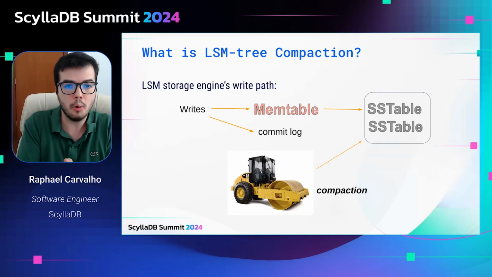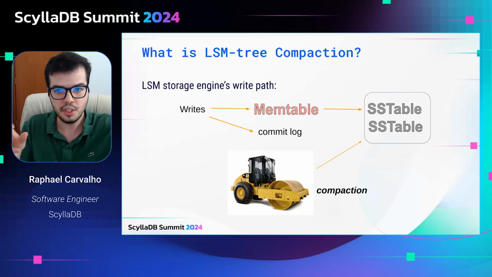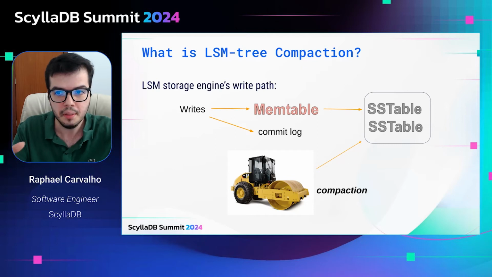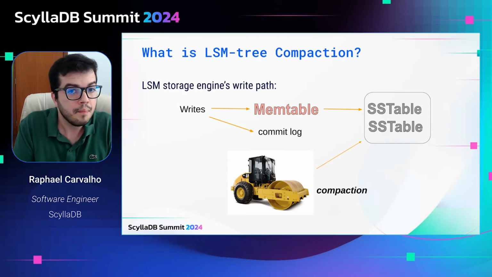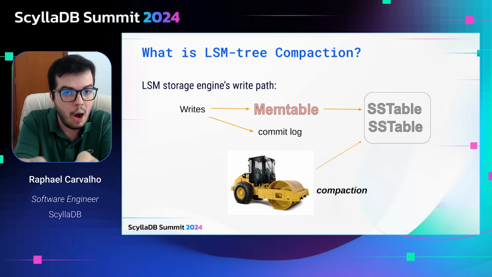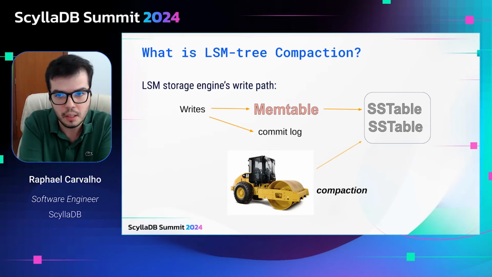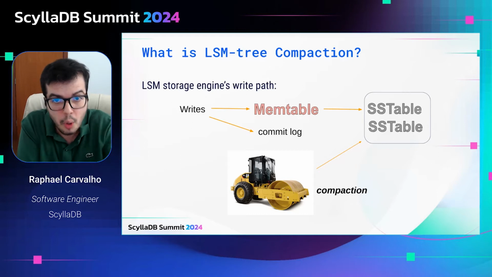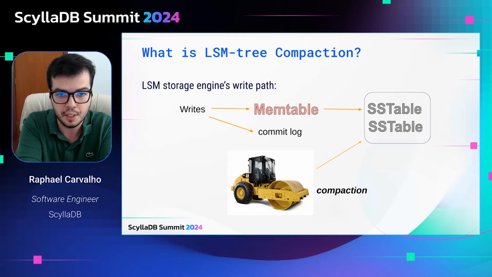Compaction is about reading several SSTables that potentially have redundant data and creating a single output file that contains the data, with the redundant data merged, so you only preserve the most recent information.